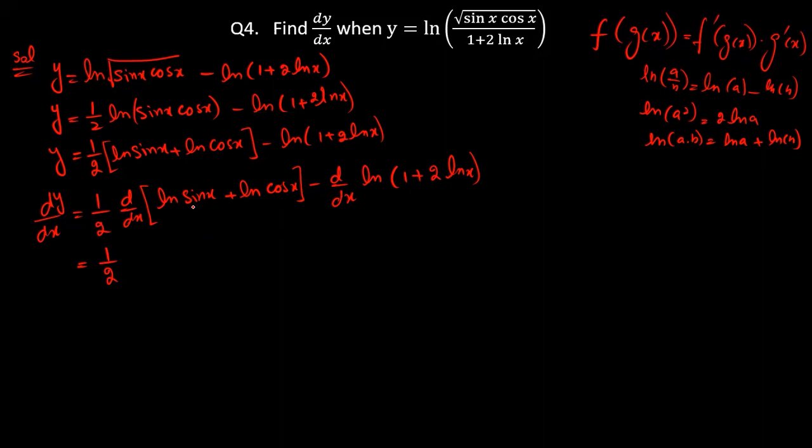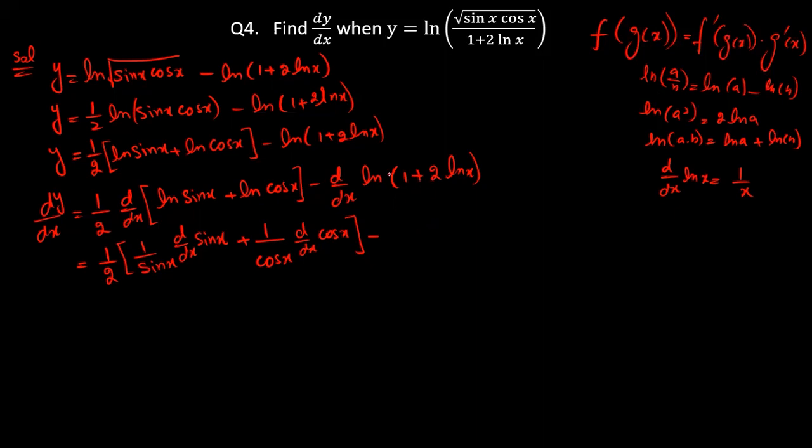The derivative of natural log of x is 1 by x, so we write 1 by sine x, and by the outside-inside rule we differentiate sine x again and multiply, so d by dx of sine x. Plus similarly 1 by cos x, and then differentiate cos x.